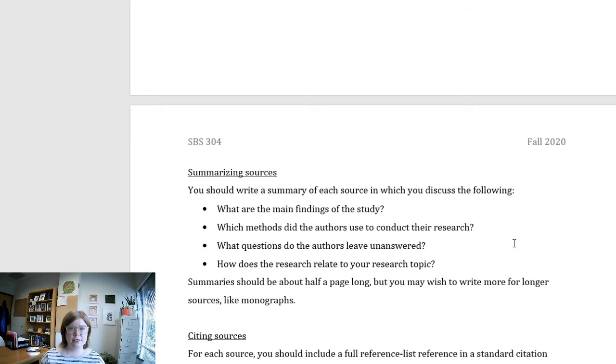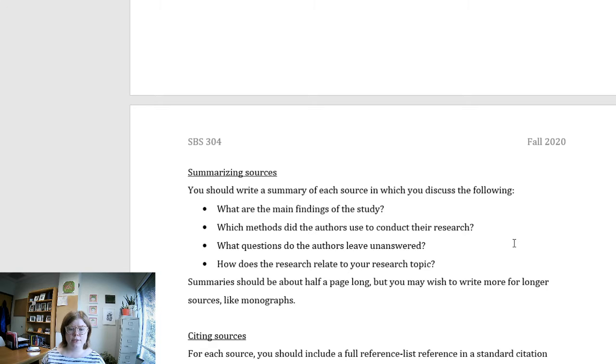In the discussion section, most authors will include a few sentences about limitations. They'll basically say, even though this research is very important and we did a lot, we didn't learn about this question, or we weren't able to answer this kind of question. So what questions did the authors leave unanswered? What are the gaps in the knowledge that these authors created?